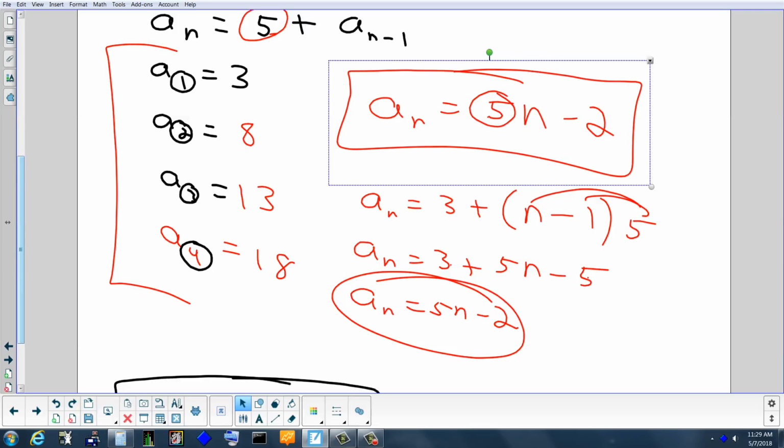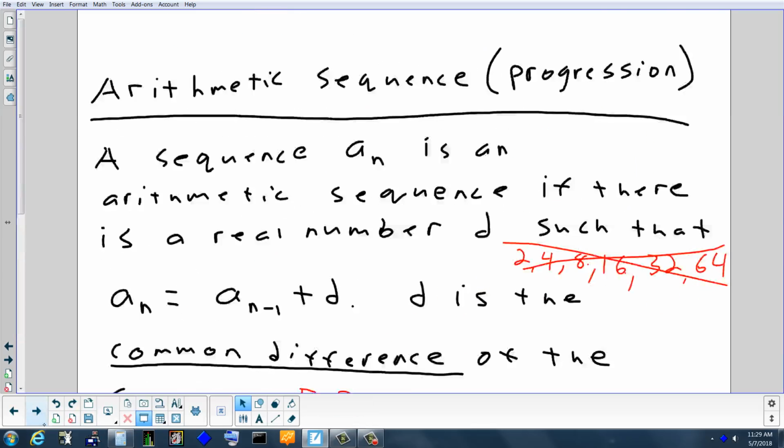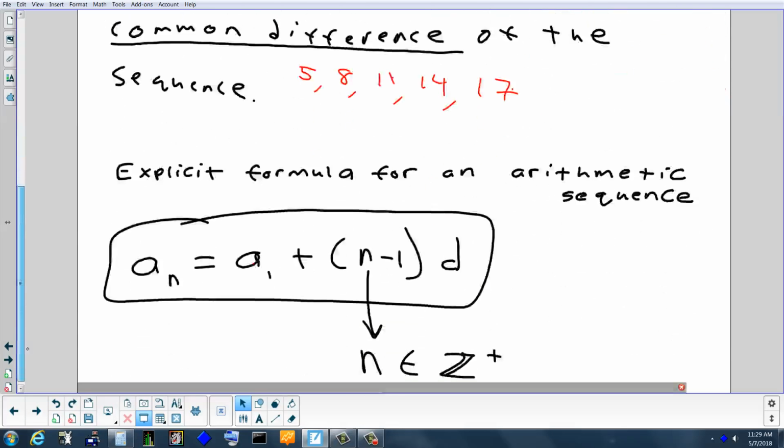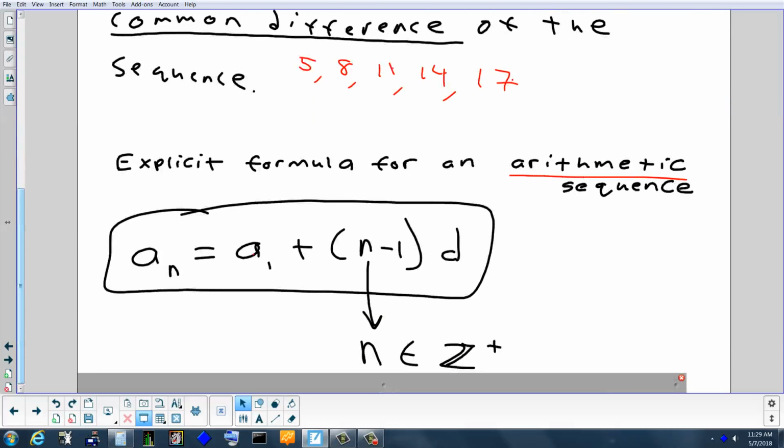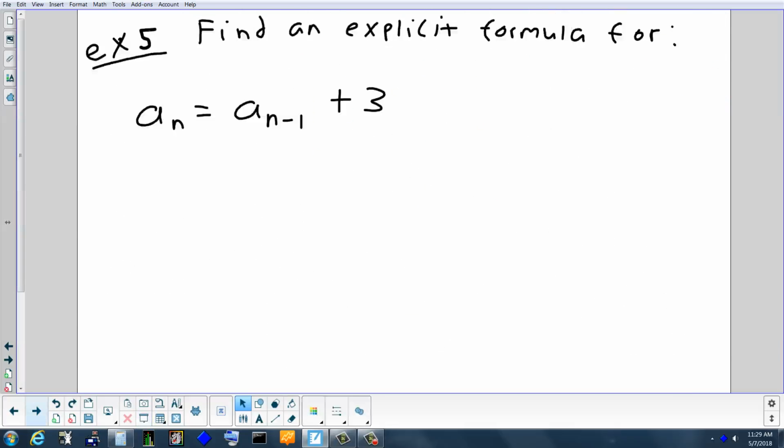Okay? Now, the downside is it only works for that type of sequence. There's millions of other kinds of sequences besides this one. But arithmetic comes up a lot, so that's why we've got a formula for it. Okay, so let's try this one.